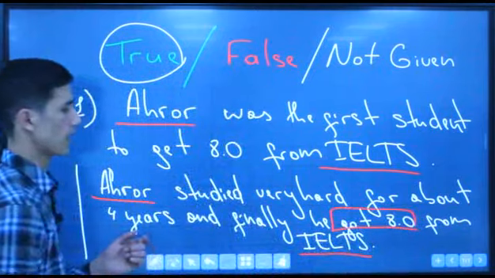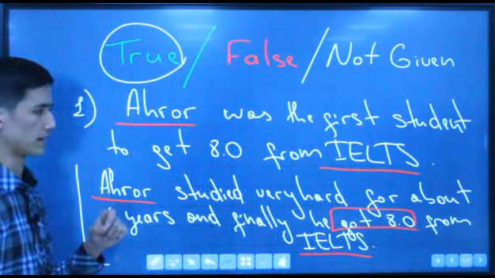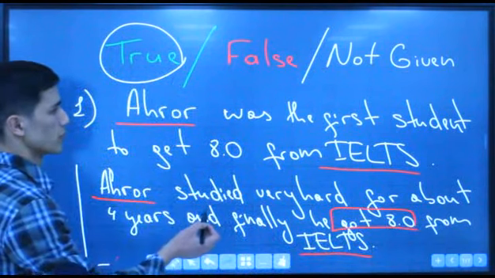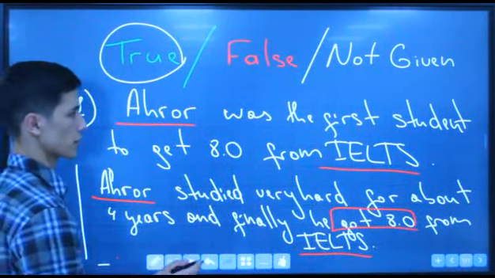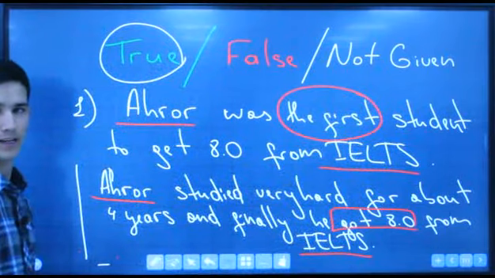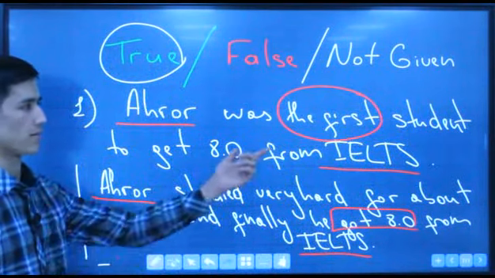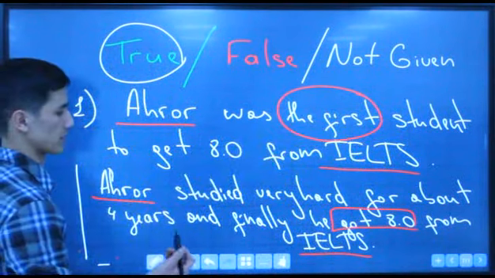The meaning says Ahrar got 8. In the first one also it's like this, but in reality it is not true because there is no information whether Ahrar was the first student to get 8 or not. So no information found about being first, so it is not given here.